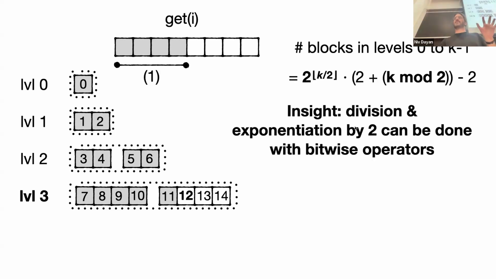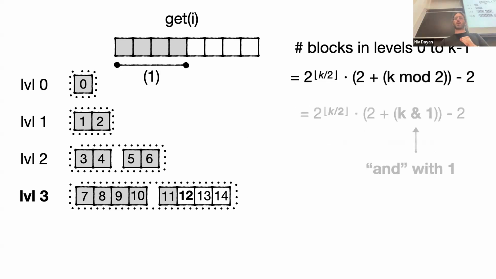First of all, the insight is that whenever you have division or exponentiation with a factor of 2, these are always operations that you can speed up with quick bit tricks. And as you said, the first thing we can do is take the modulo operation, and basically end it with 1.